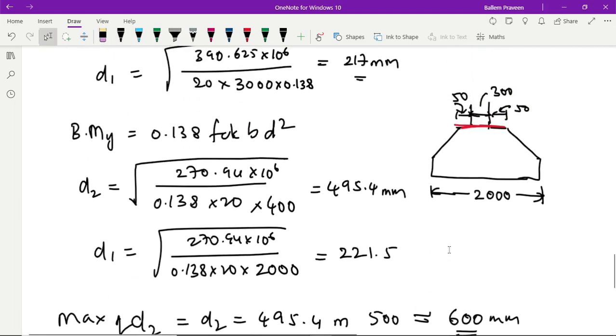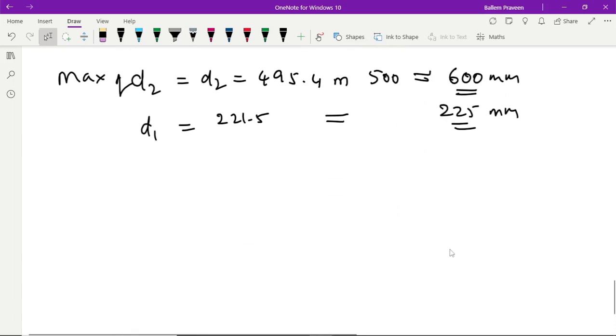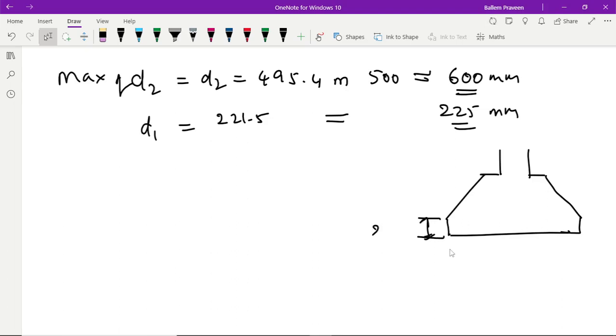Okay, now we got the thickness values. Let me draw the rough diagram. So this is 225 and this is 600 mm.